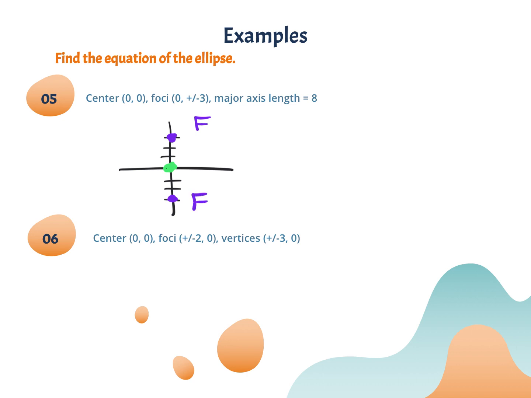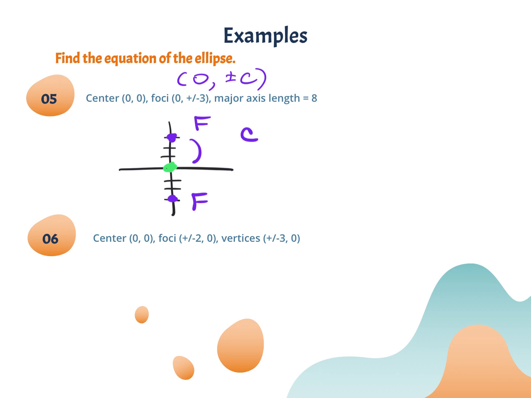Now, whenever your center is at 0, 0, then you can find either your a or your c value depending on what's given to you. So when you're given the focus and the center is at 0, 0, then we know that in this ordered pair, this is just plus and minus c. Another way I can find my c value is to figure out how far away my center is from my focus point.